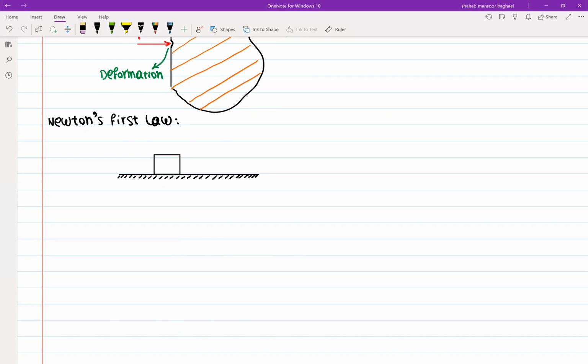If there are no forces on this object, or the net force is zero. What is net force? I mean, the combination of all of the forces on this object, but the final result is zero. I mean, they will cancel each other. Like this one.